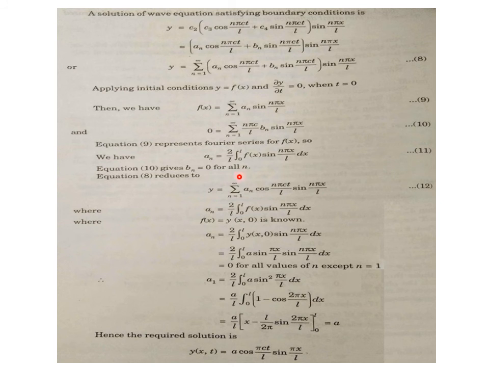Now we are left with only one unknown, an, for which we already know the formula through the half range sine series. And f(x) means y(x,0), as initially given in the condition, and y(x,0) was given as a sin(πx/l). So by substituting the value of f(x) and then integrating, we will find that except for n equals 1, for all other natural values of n that integral will become 0.